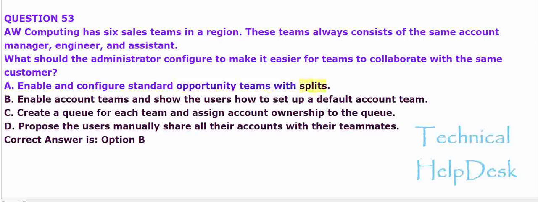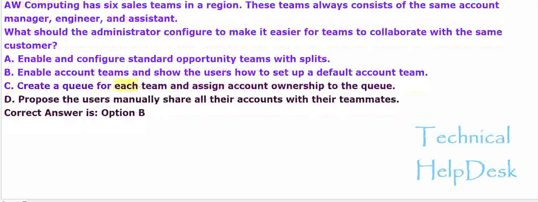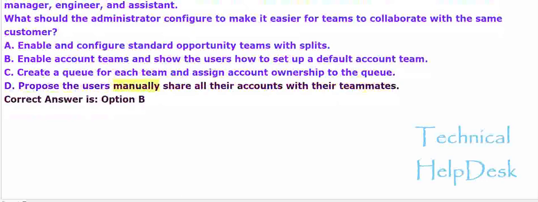B. Enable account teams and show the users how to set up a default account team. C. Create a queue for each team and assign account ownership to the queue. D. Propose the users manually share all their accounts with their teammates. Correct answer is option B.